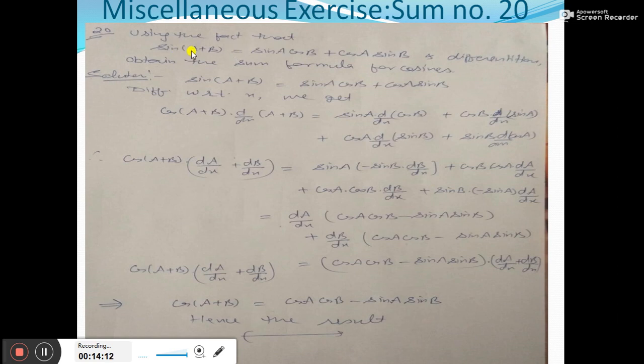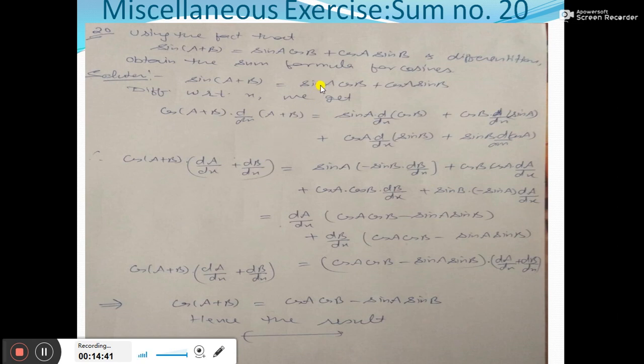Here we have sine of A plus B, that is equal to sine A cos B plus cos A into sine B. We have to differentiate this with respect to x as the implicit function. That means derivative of sine A plus B, we have to write cos A plus B into derivative of A plus B. Then it becomes dA by dx plus dB by dx.